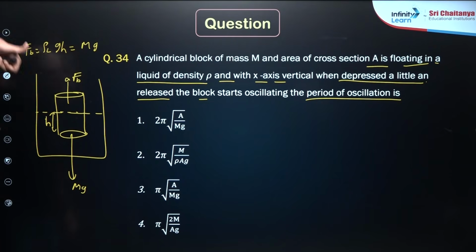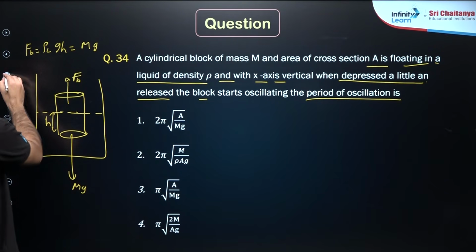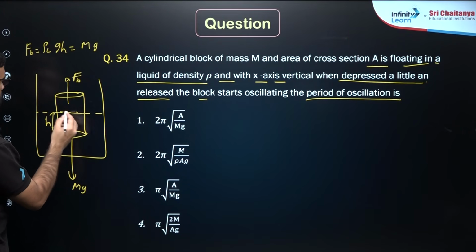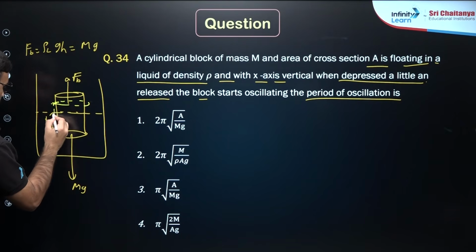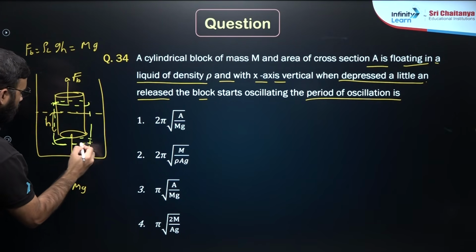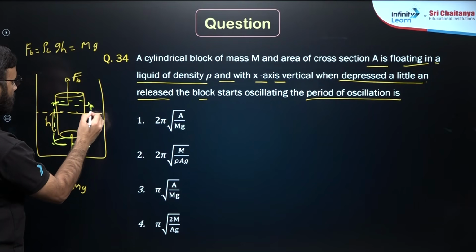When I press this one, there is some force also working here, and it will go more down, so I am making a second diagram here. This extra depth I am considering as x.